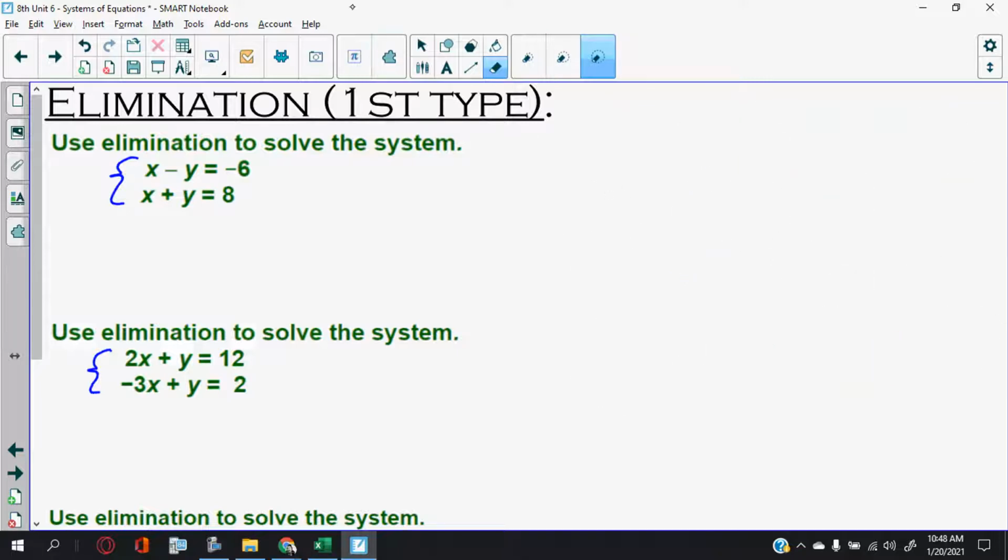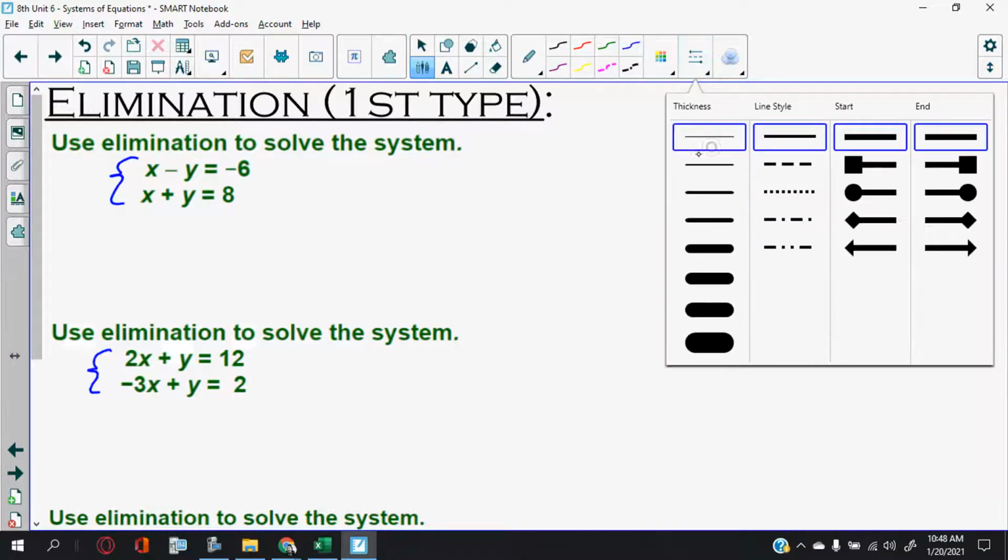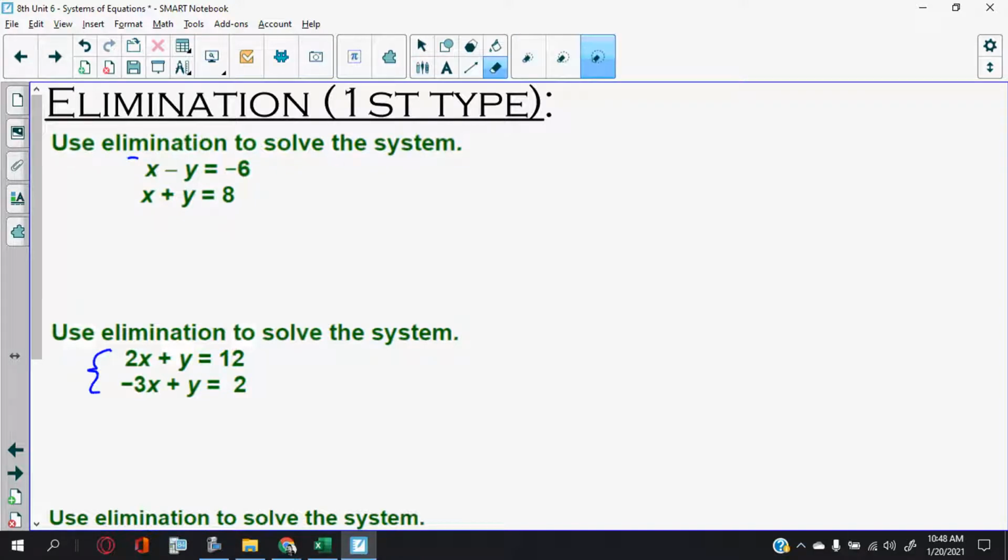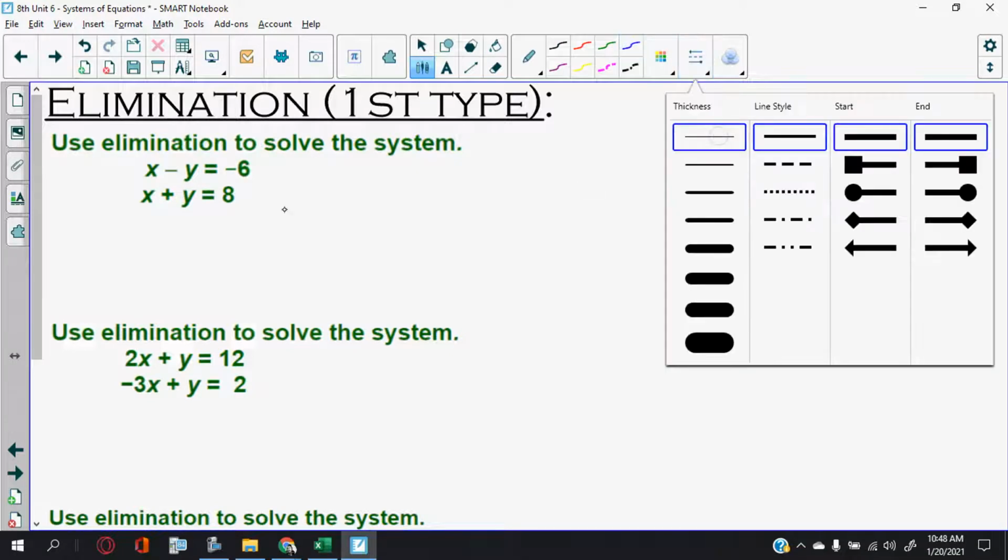Of course, doing this for the first time, using elimination, I'm going to keep it very, very simple, so I'm going to get rid of all the ink here. Let's just focus on what we need to focus on.